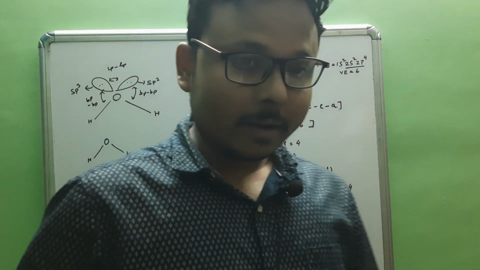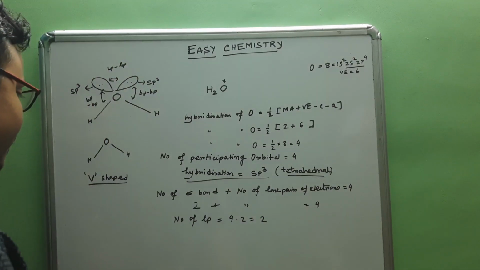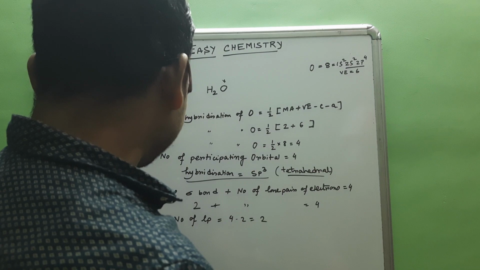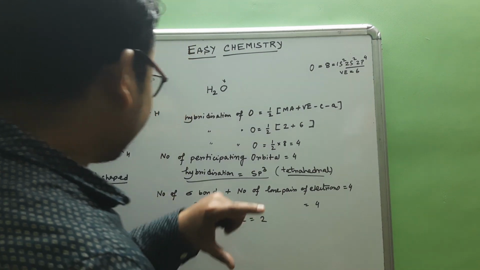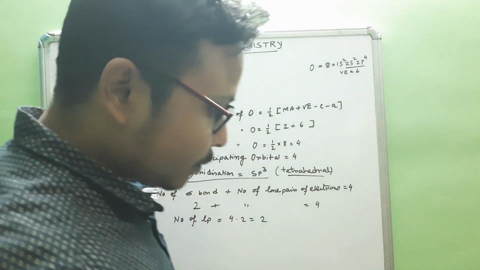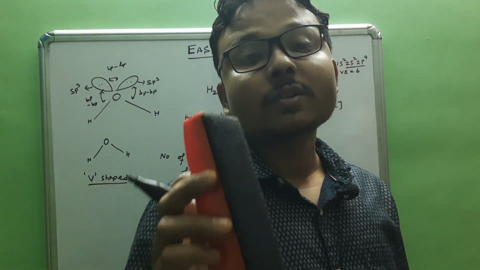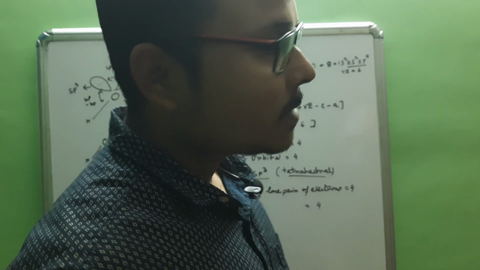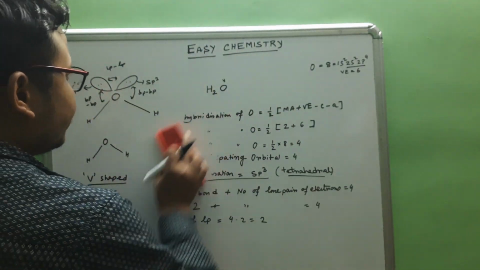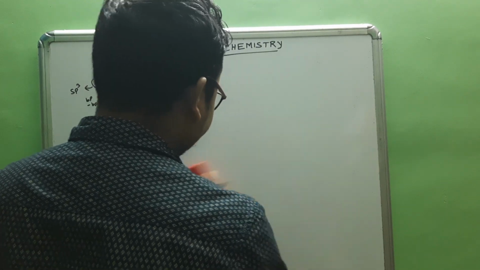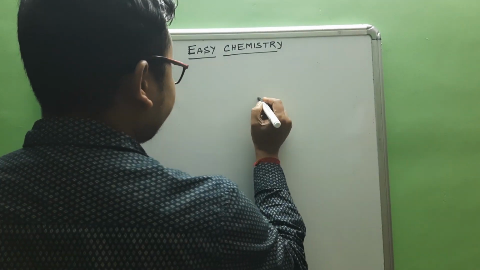Now, till this point the total scenario is quite okay, but now the conflict starts. The discrepancy starts now. What is the discrepancy?